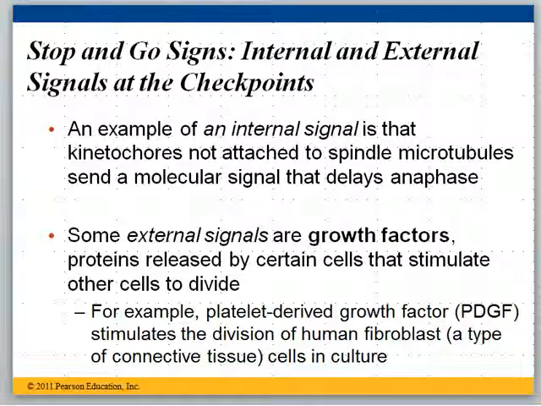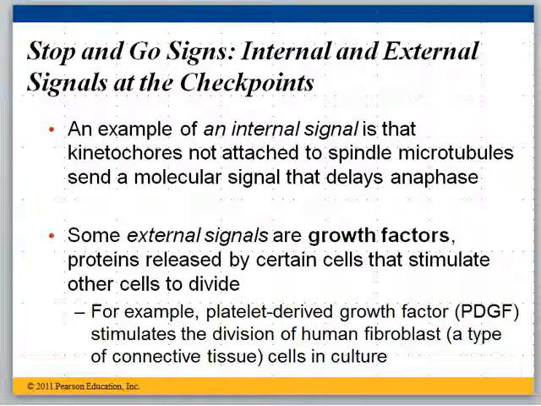One of the internal signals is, for example, the kinetochores that are attached to the center portion of the sister chromatids, the waist that I keep talking about, the portion where it's thinner. If the kinetochores are not all attached to the spindle microtubules, they will actually put out a molecular signal to delay anaphase.